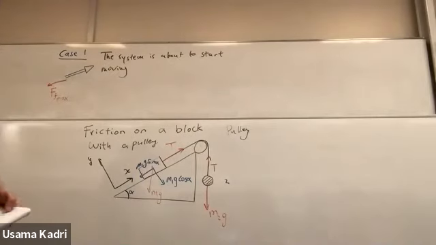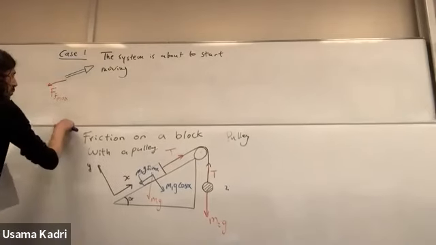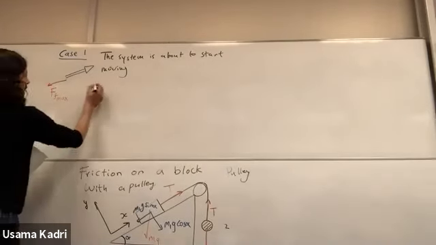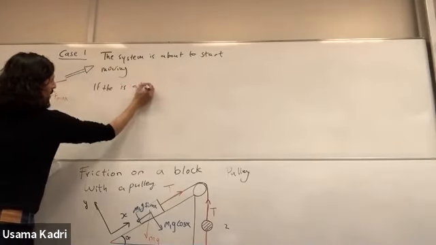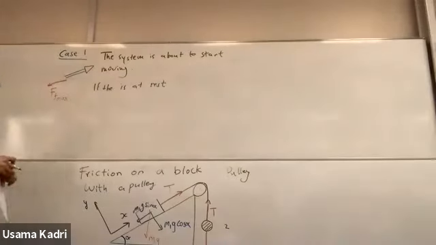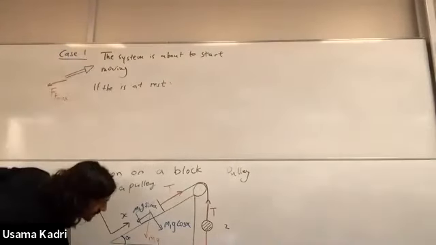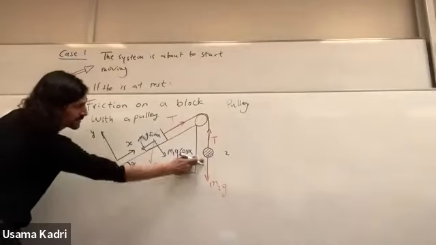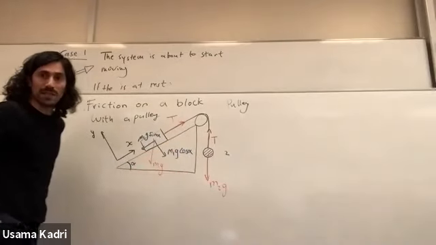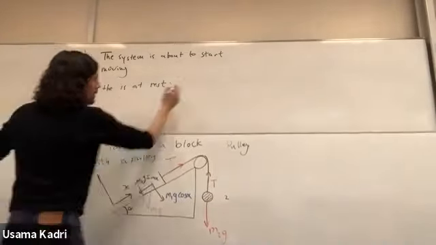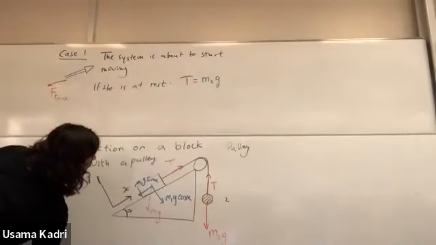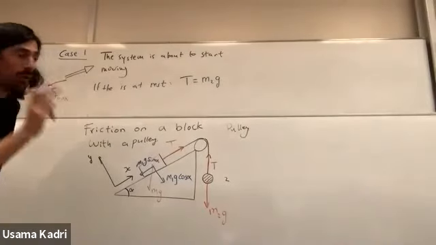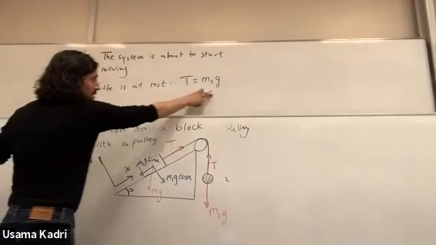If the system is at rest and just about to start moving, what do we know from the object? Then T equals m2g. That's easy. You have to keep in mind that this is true only if the system is at rest.